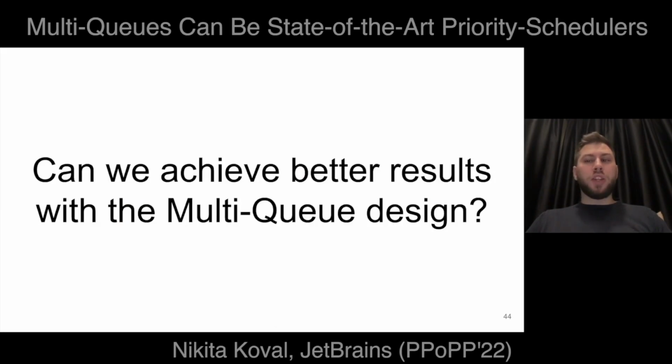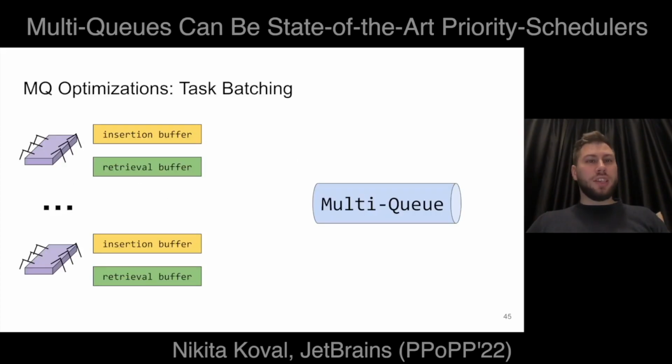Can we achieve better results with the multi-queue design by making it more practical, more efficient, still maintaining the same fairness guarantees? Let's try. The first optimization we consider is task batching. Essentially, each thread is equipped with two additional buffers, a buffer for insertions and one for retrievals.